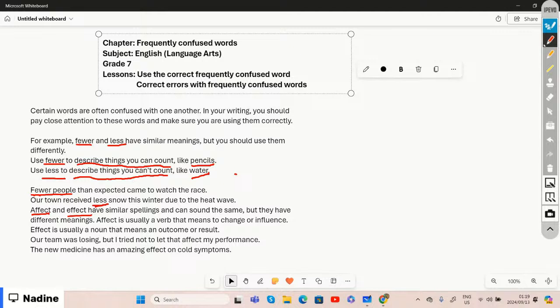All right. So if we look at the words affect and effect, they also have similar spellings and meanings, and they can also sound the same, like affect, effect.